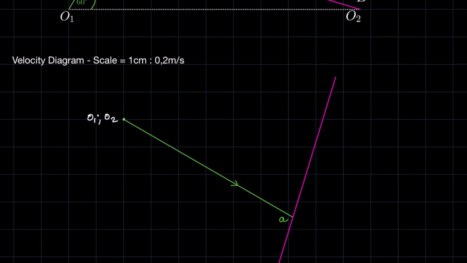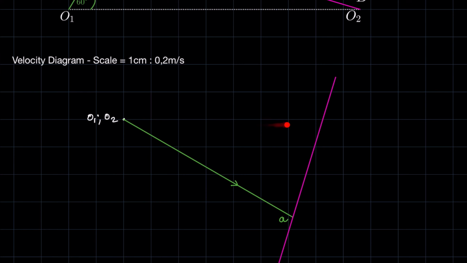When you get to drawing the absolute velocity of B, so VB with respect to O2, you have to draw a line that is horizontal that passes through the fixed point. That line will either go in that direction or this direction, but because we know that we have a line that represents B on this side, it means it's going to go in this direction.